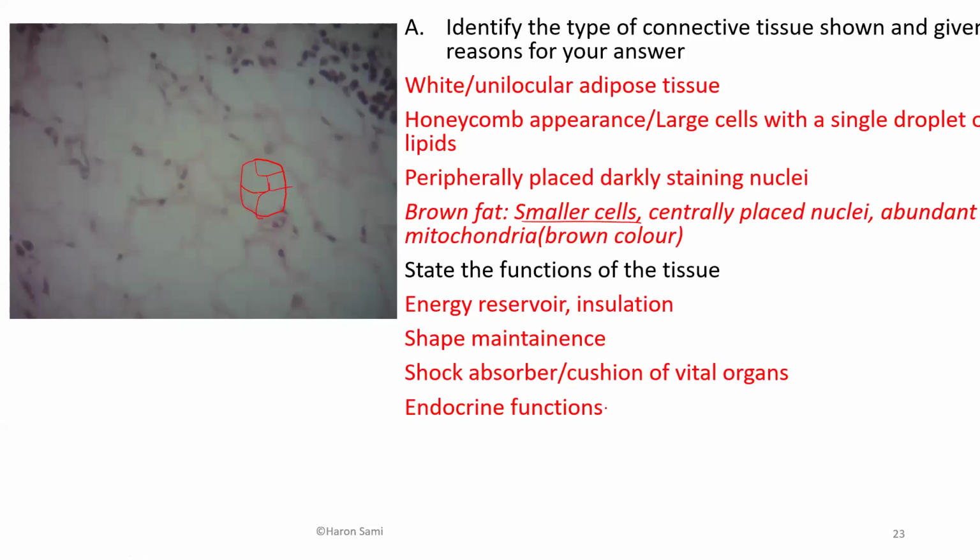Can you name three hormones produced by adipose? Leptin, that is very good. Another one apart from leptin, adiponectin. Very good. What else? Resistin. Very good. That's wonderful.